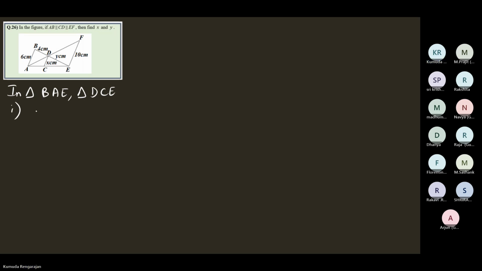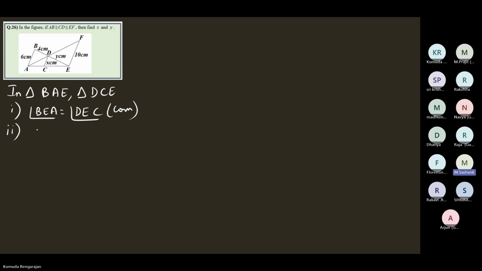First, common angle? Angle E. I've written the bigger triangle first, so in the bigger triangle, it is angle BEA, right? Angle BEA in the big triangle is equal to angle DEC in the small triangle. Okay, common angle. And then we have parallel lines, so corresponding angles are equal.